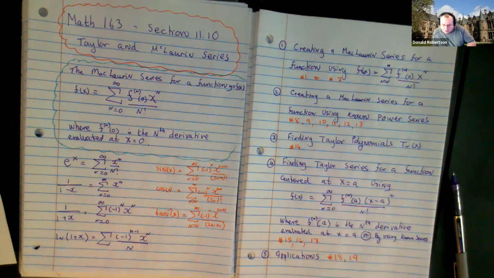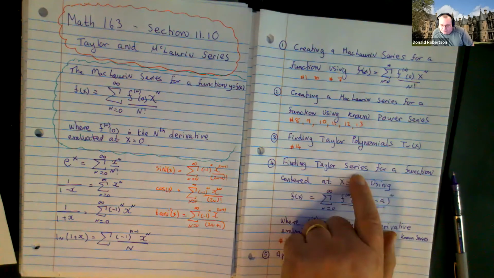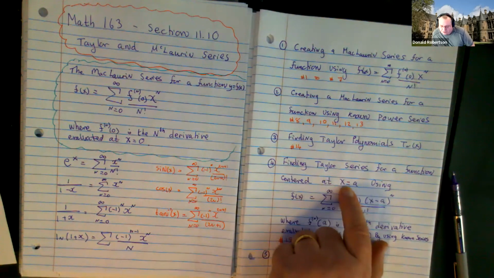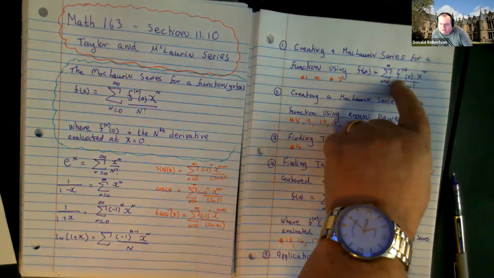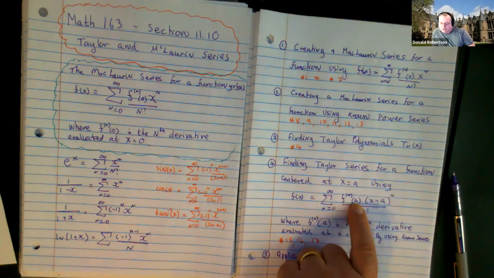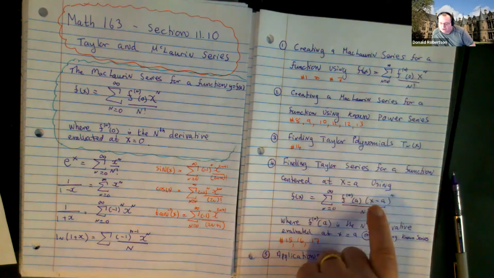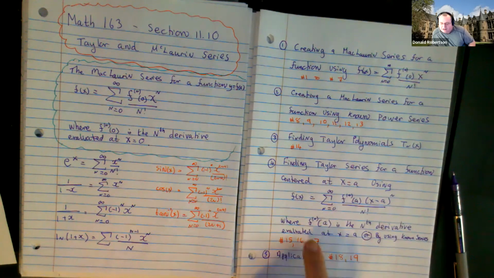And then we kind of reset the clock and we start again, but with much fewer questions. We're now going to do the Taylor series of a function centered at x equals a. The formula for that is identical to this, except instead of 0, you get a. Instead of x, you get x minus a. And this means the nth derivative at a.